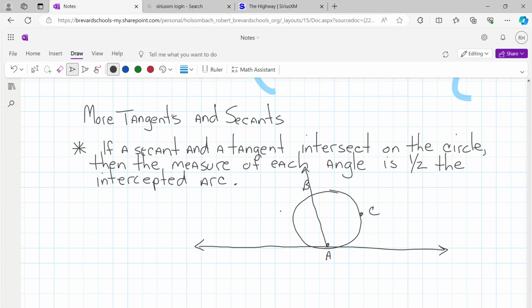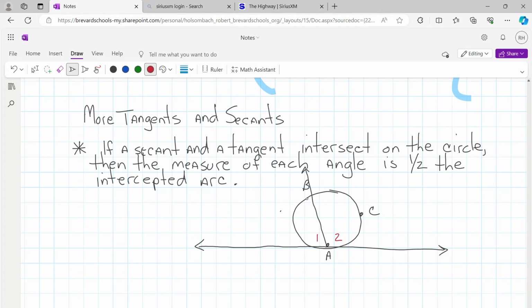Now we've created two angles: angle 1 right here and angle 2. So if a secant and a tangent intersect on the circle, they intersect at point A. Then the measure of each angle is 1/2 the intercepted arc.